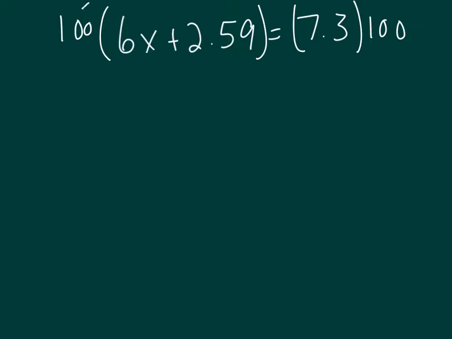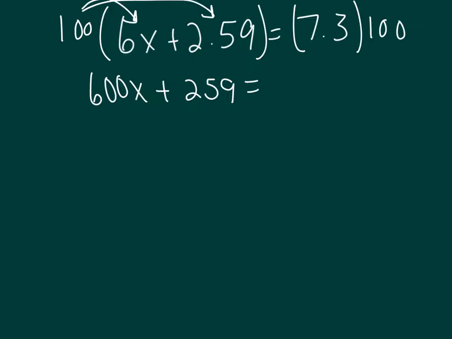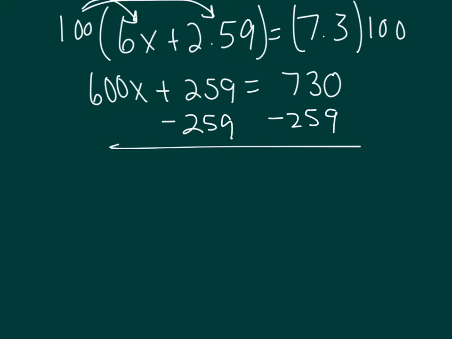So when we do this, we distribute the 100, and we get 600x plus 259 is equal to 730. And then we're going to subtract 259. And we're left with 600x is equal to 471.